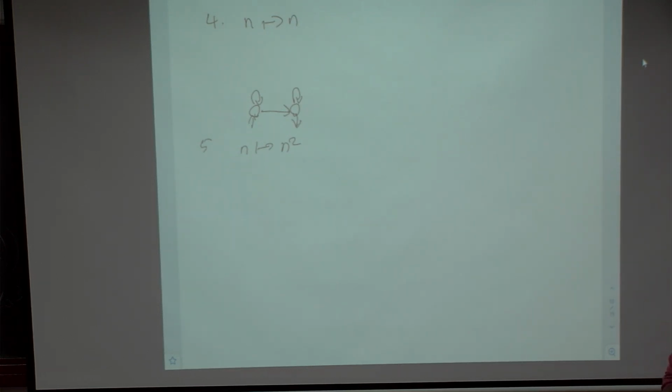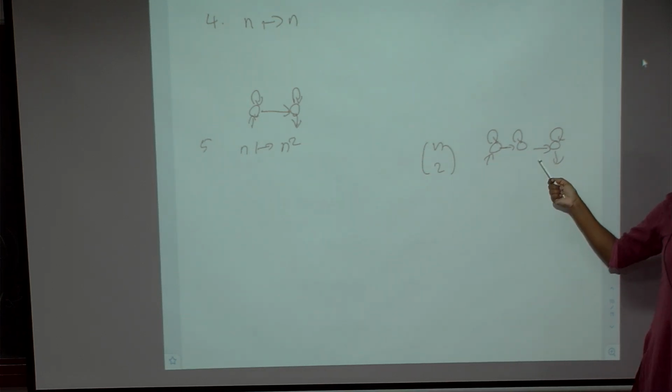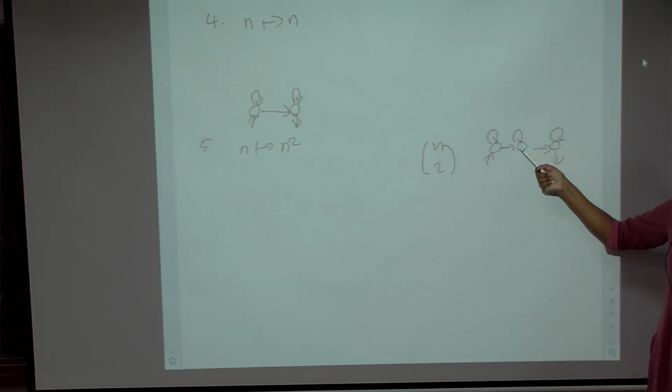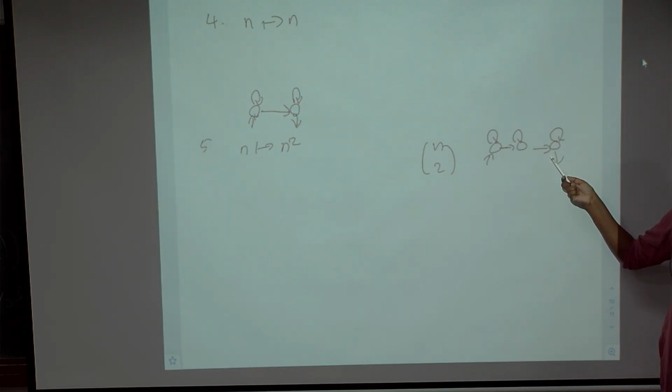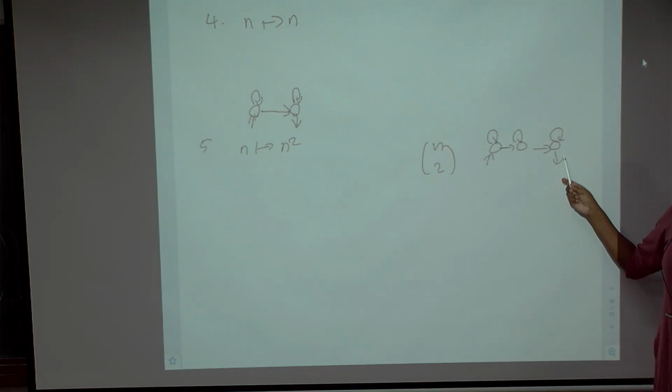So for n choose 2, you can have this thing, right? 3 states. You have to pick 2 points. At the first point you jump to the middle one, at the second point you jump to the third one. So this automaton is computing n choose 2, which is n into n minus 1 by 2.